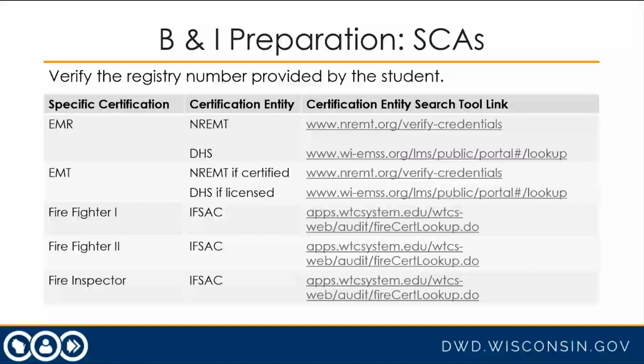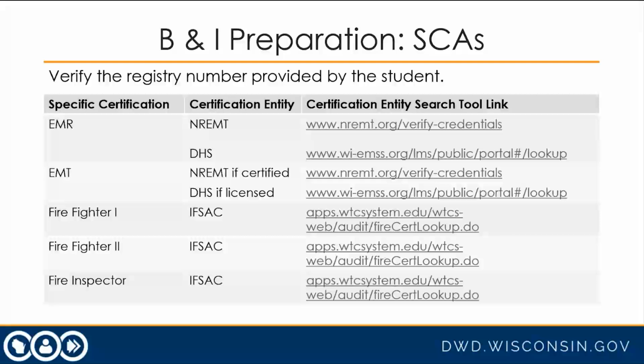You can verify registry numbers provided to you by the students by searching each certification entity's registry. The table on this slide provides links to the certification entity's registries. The text showing for the links includes enough keywords to allow you to be successful finding the search tools via an internet search, or you can refer to the slide deck of this presentation once it's published to the DWD CTE webpage.